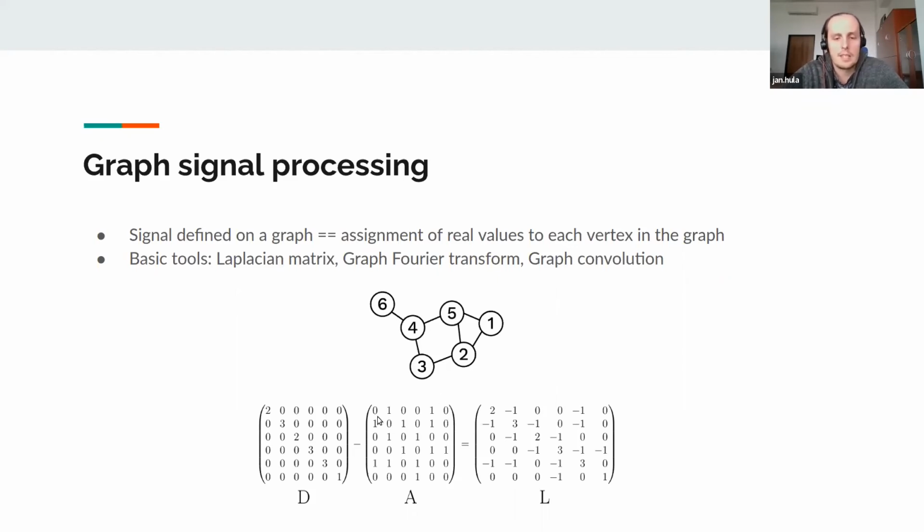Here the basic representation of graphs is the Laplacian matrix, which is computed as the matrix D, which contains the degrees of vertices on the diagonal, minus the adjacency matrix, which contains zeros and ones, and there is a one in the cell in row I and column J if there is an edge between vertex I and vertex J. This is the basic representation for graphs.